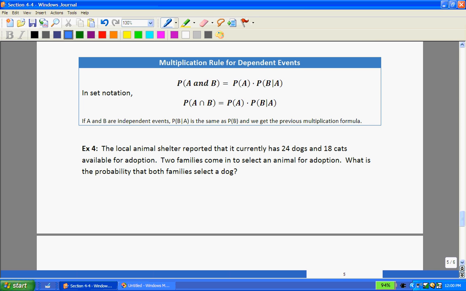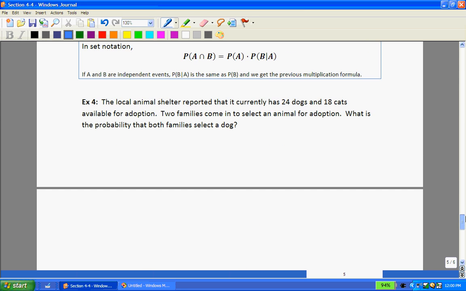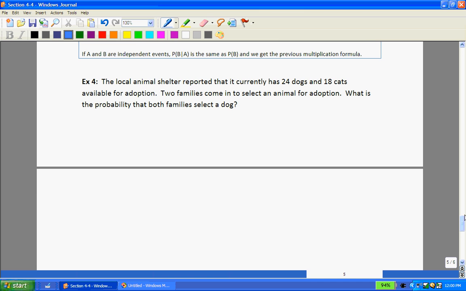Let's try example 4. The local animal shelter reported that it currently has 24 dogs and 18 cats available for adoption. 2 families come in to select an animal for adoption. What is the probability that both families select a dog? Well, let's define our event.